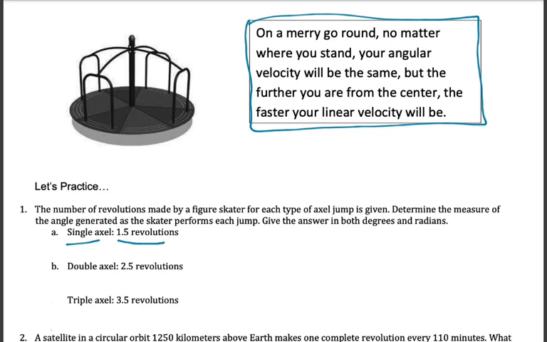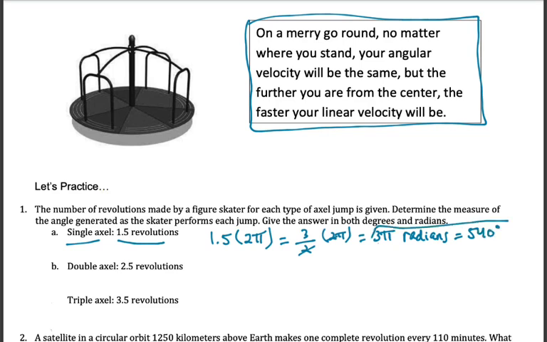So you're going to do 1.5 times a full circle, which is 2 pi. 1.5 is the same thing as 3 halves times 2 pi. The 2's cancel, so that's 3 pi radians. If I wanted to convert that to degrees, I could just replace the pi with 180, and you get 540 degrees. So both of those are answers for that one.